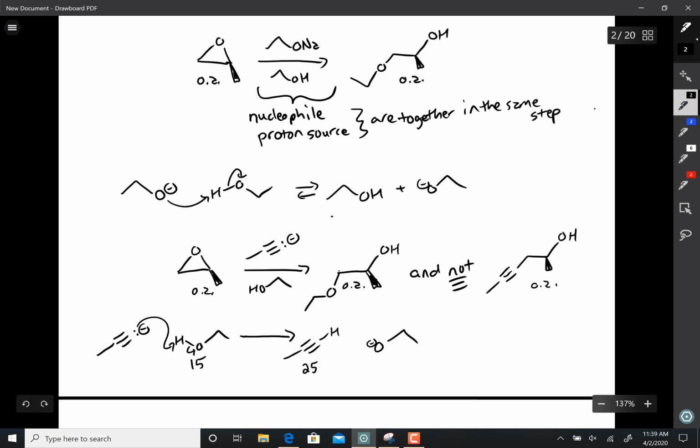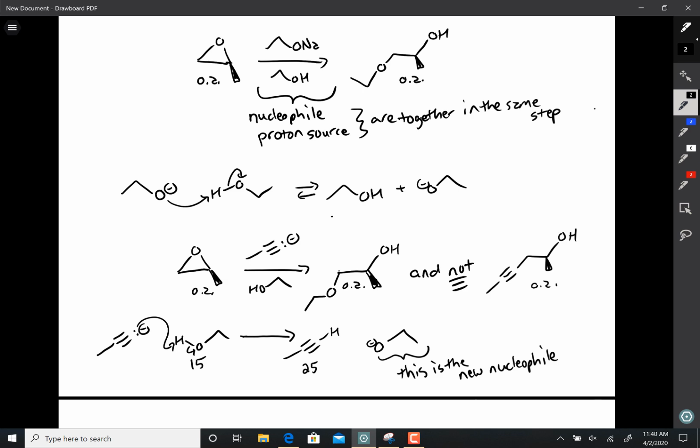The reaction is heavily weighted to the right. And so, when you throw this in a protic solvent, you end up deprotonating the solvent. And this is the new nucleophile.